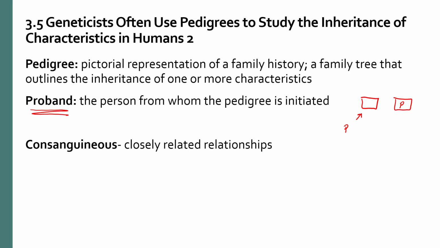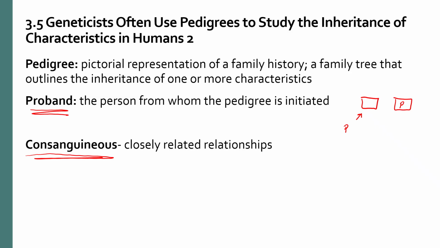So maybe it's a child that was recently born and the family wants to know how they inherited this particular trait. Another term that we use often with pedigrees is consanguineous. Basically, this means close blood relations. So one of the best ways to determine the inheritance pattern is to look at what happens when we have families where close relatives have had offspring.